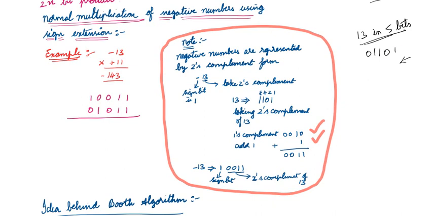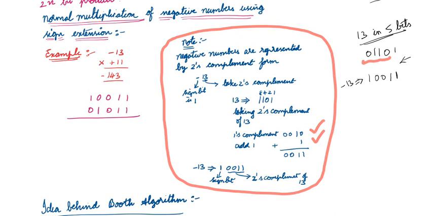I keep that first 1 as it is. Then the rest of the number after the 1, I take the complement. So 0 becomes 1, this 1 becomes 0, and this 1 becomes 0. This is the easy way, and this is minus 13.